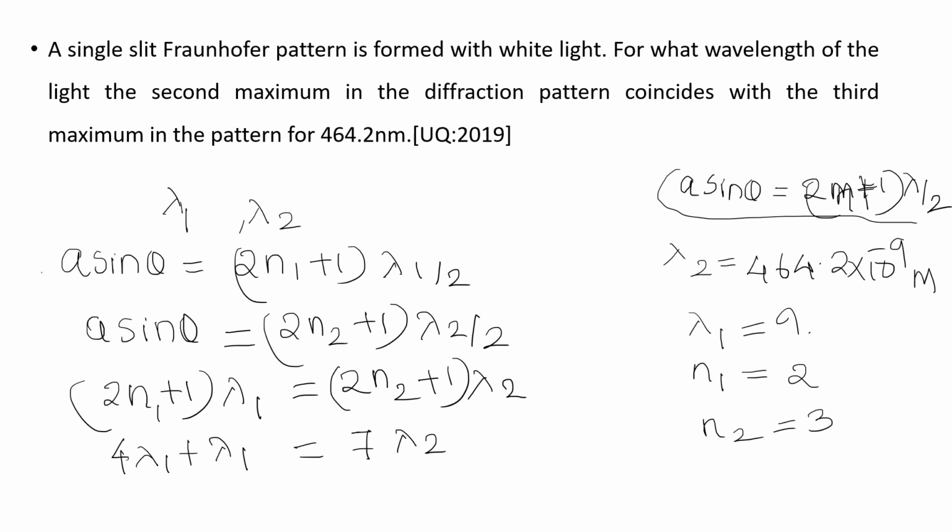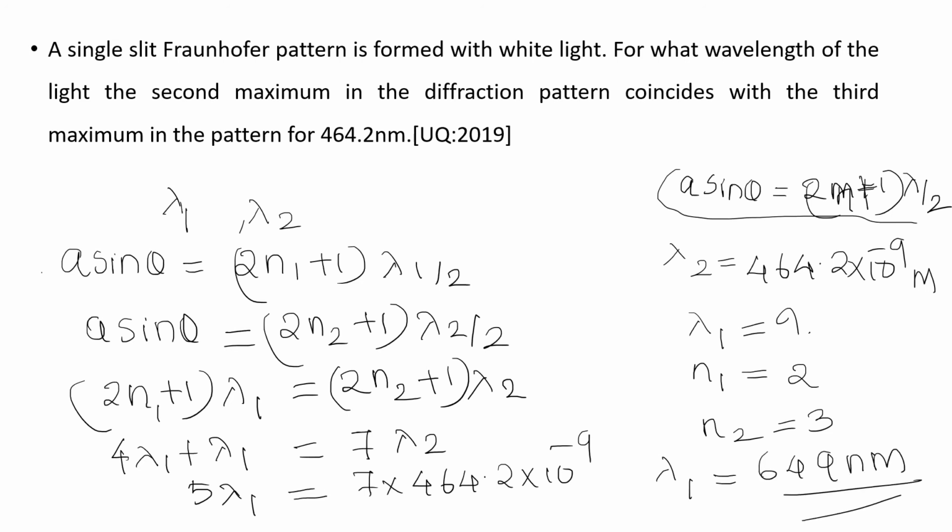Then substituting the values, 5 lambda 1 is equal to 7 lambda 2. So lambda 1 is 7 into 464.2 into 10 raised to minus 9 divided by 5. And substituting these values, we finally get lambda 1 as 649 nanometer.